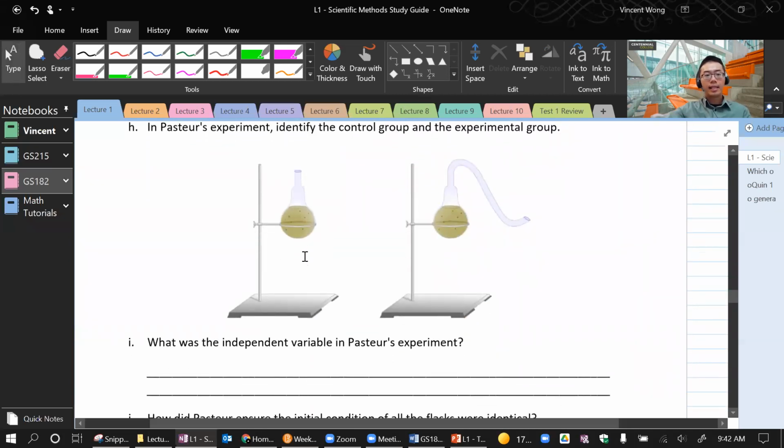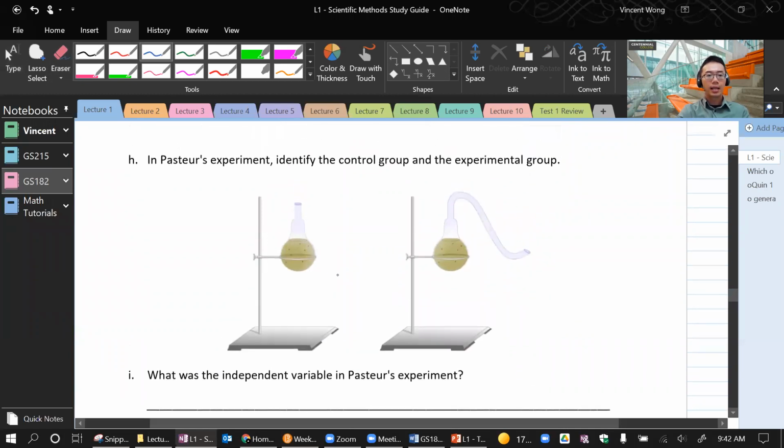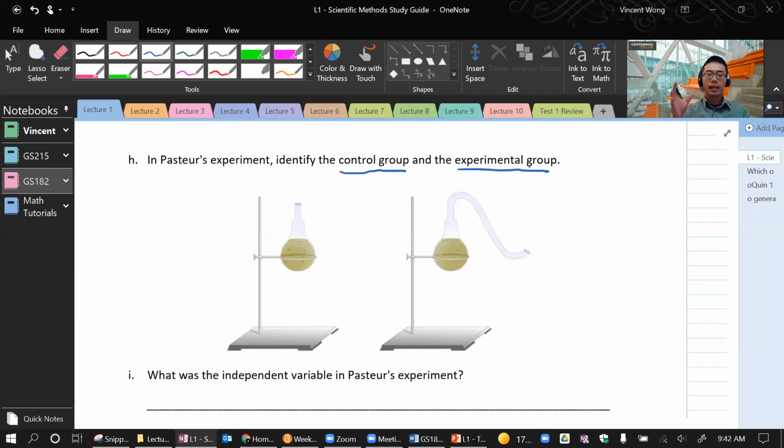In his experiment, he has two setups. He has a flask with a sterile broth here, and then he has another flask, but this one has a swan neck. So what is the control group, and what is the experimental group? Typically, the control group is the group that has no modifications to it.